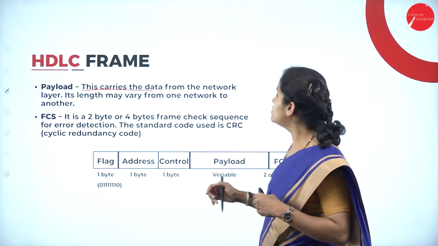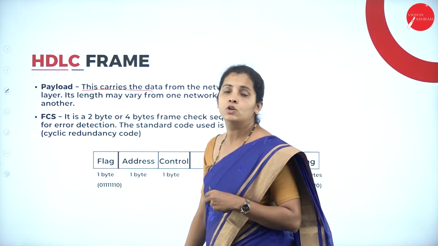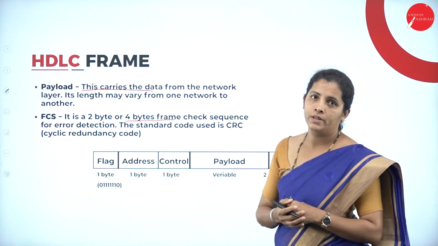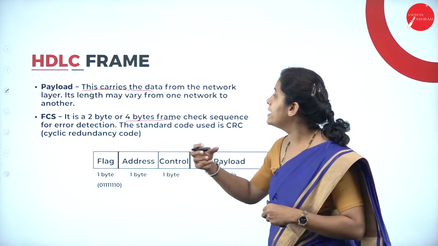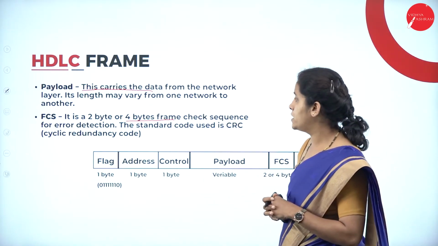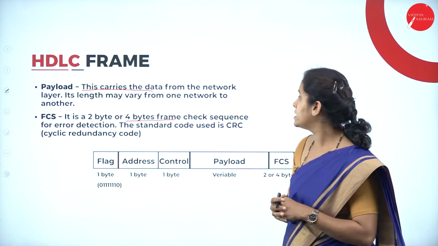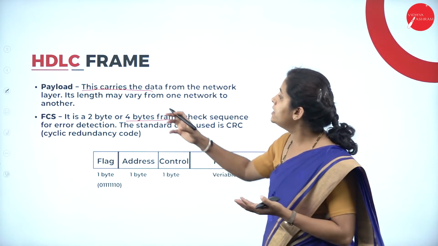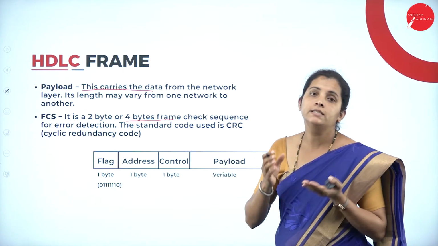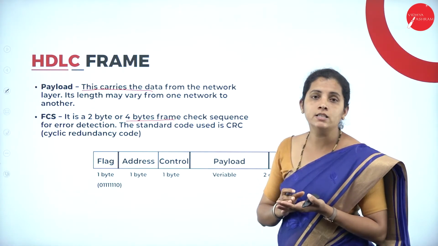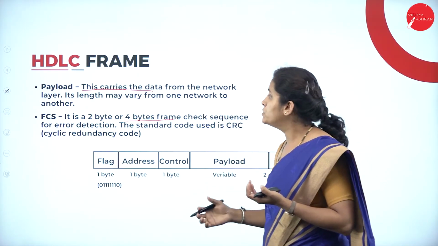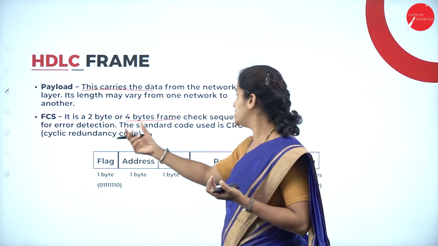Here the length of FCS is 2 bytes or 4 bytes. It is a 2 or 4 byte frame check sequence mainly used for error detection.